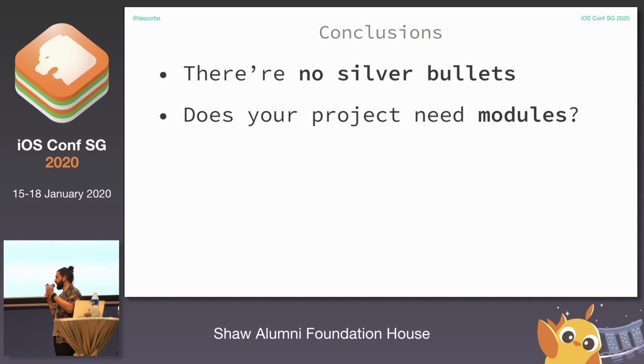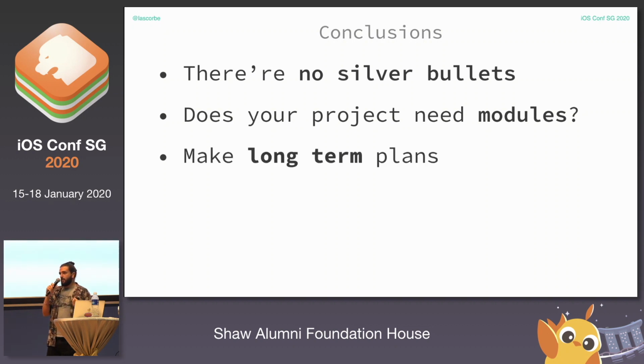You have to ask yourselves if you need modules, because as you can see, it really increases the complexity of your project. You have to commit to long-term plans and really think of how you want your project to be in the future.